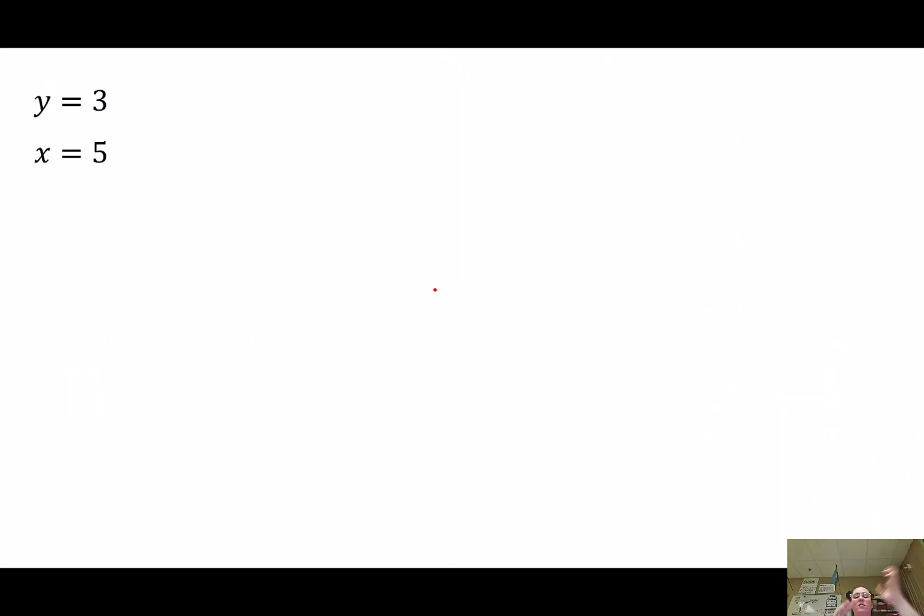Now let's talk about a kind of a special case. We've got y equals 3 and x equals 5. So what is the slope of the top line there when we have y equals a number? Remember, my slope here is 0. Okay, what about the second? And x equals?